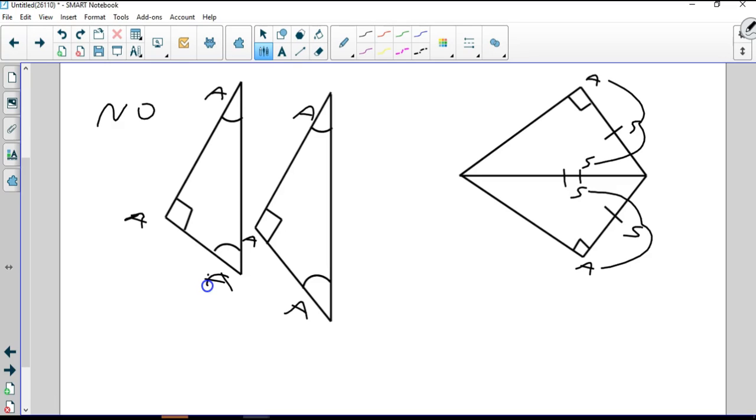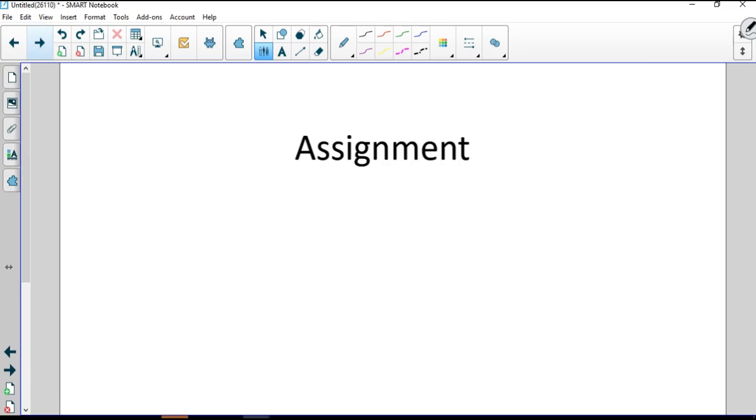It does not work because I could pull, let's say, this line in to be over here and be the same length, but definitely not the same triangle. And that's it.